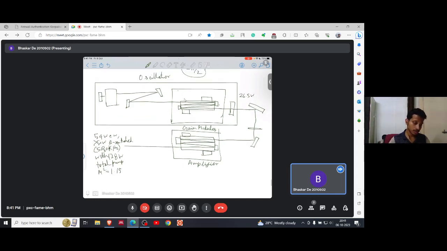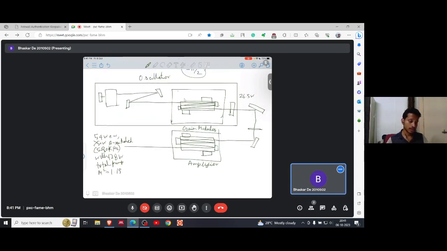This is the 50 watt diode bar pumped multipass Nd:YLF slab oscillator amplifier system. This is the part for the oscillator, which gives a 26.5 watt laser, and then it is going into the amplifier, the gain module, and is giving the 54 watt continuous laser or greater than 50 watt Q-switched laser, and the M square is 1.15, which is a quantity to understand the beam quality.